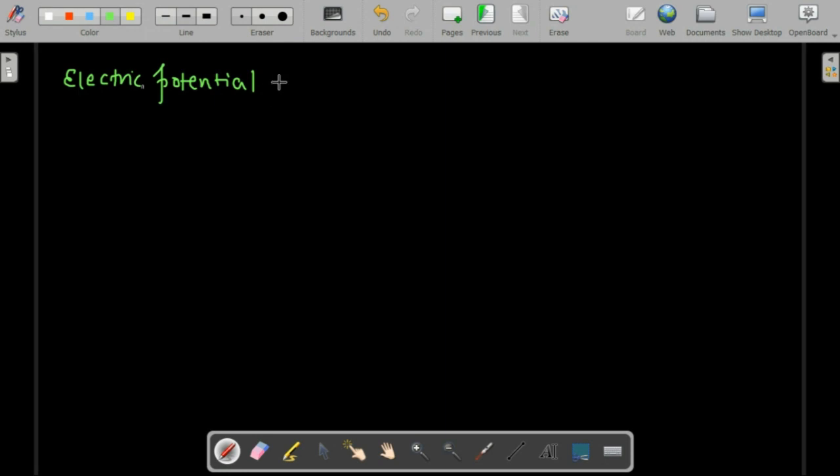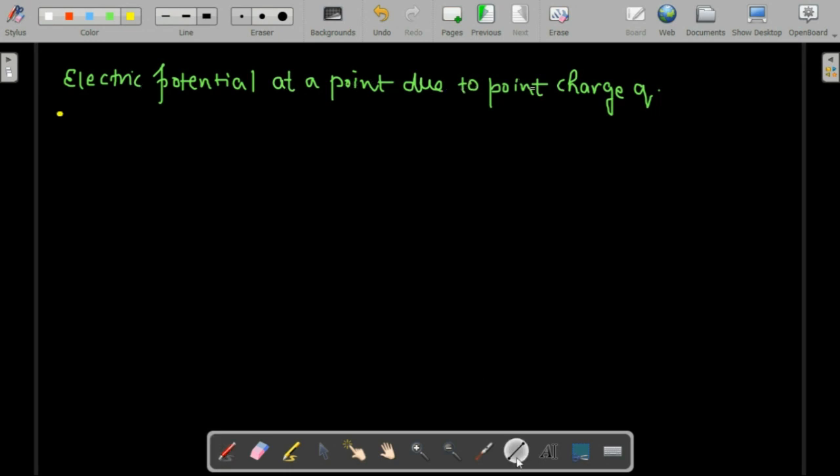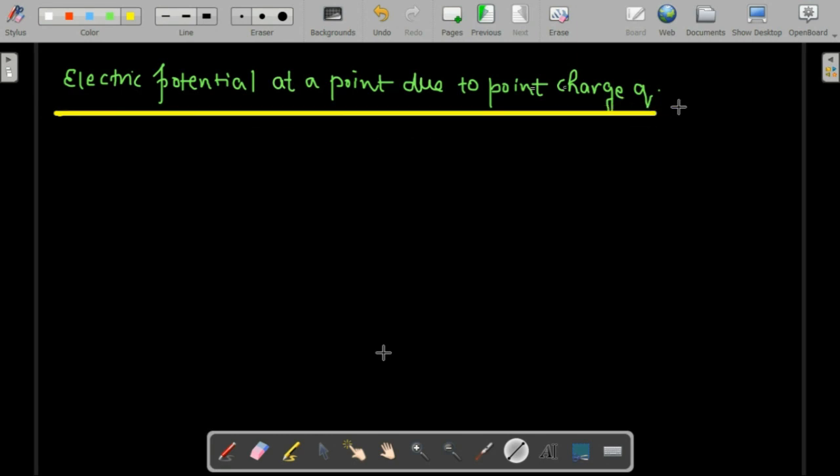We have to find it out at a point due to point charge Q. So remember, we are considering a point charge, and what is the electric potential because of that point charge is something which we want to calculate or find out. So that's our topic here. Important. So let's try doing this.